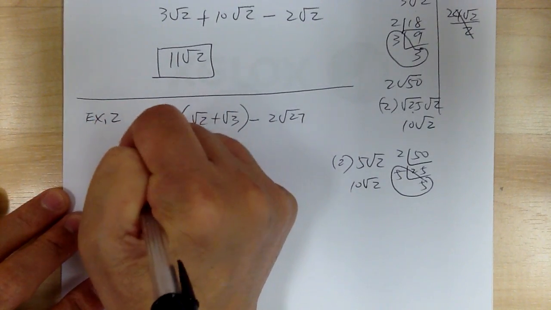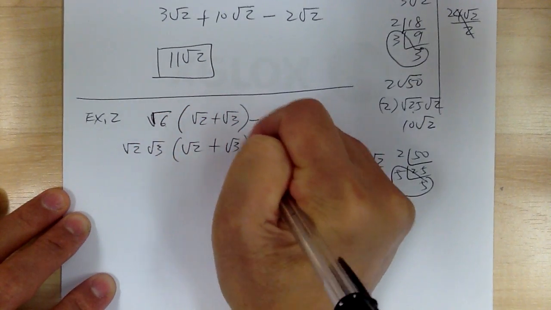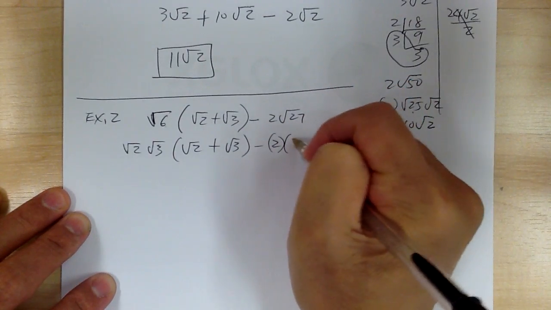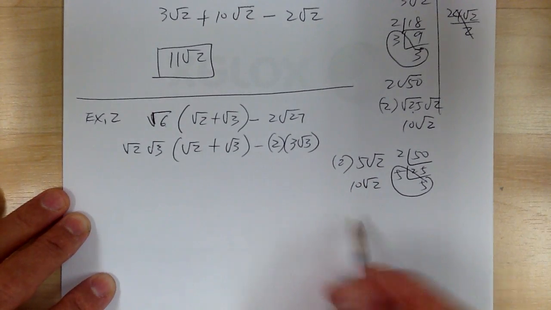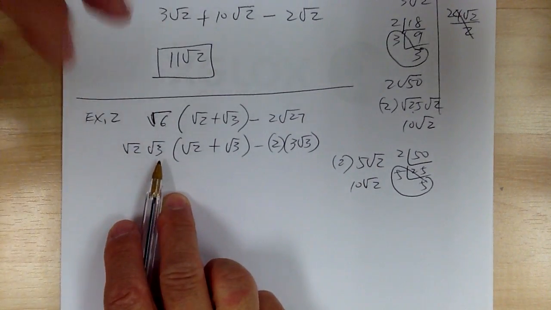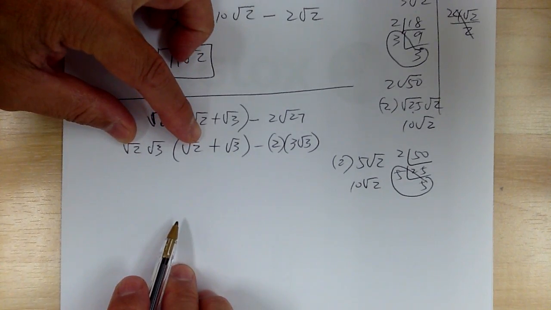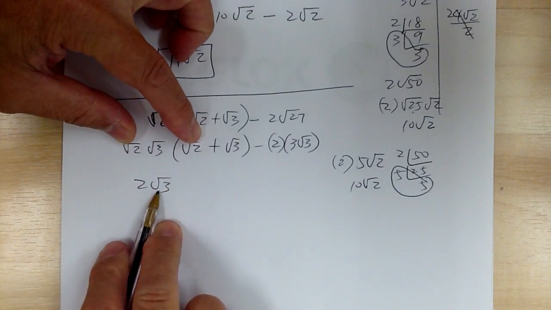So make it into square root of 2, square root of 3. And this one is 3 square root of 3. You can go up to the side. The reason you break it down is that when you multiply, you can use your finger to point. This will give you an integer 2, so this will give you 2 square root of 3. This will also give you integer 2 square root of 3.